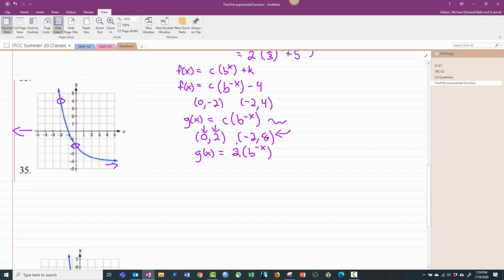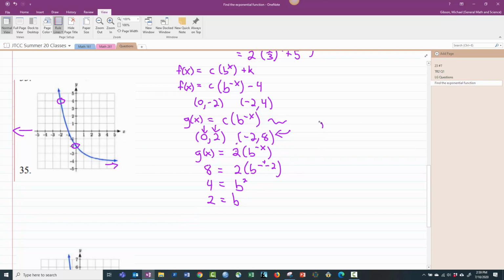When x is -2, the function is 8. So 8 equals 2 b to the -x. Now I plug a -2 in, so you get another minus and a 2. Minus times minus makes a +2. All right, now let's solve for b. 8 divided by 2 is 4. b to the +2 is b squared. Take the square root of both sides. b is 2. Now I've got everything I need.